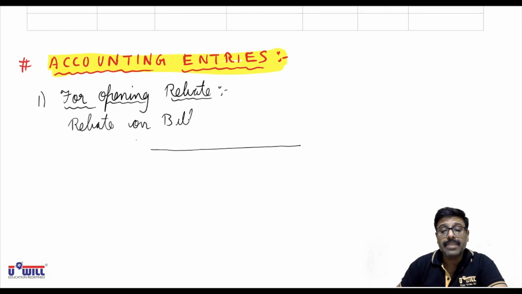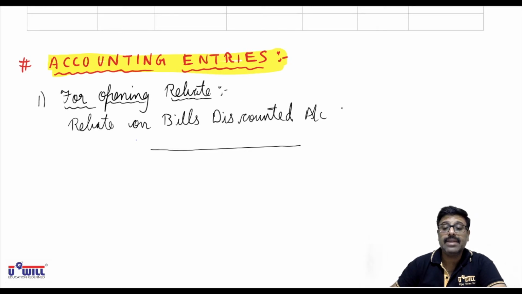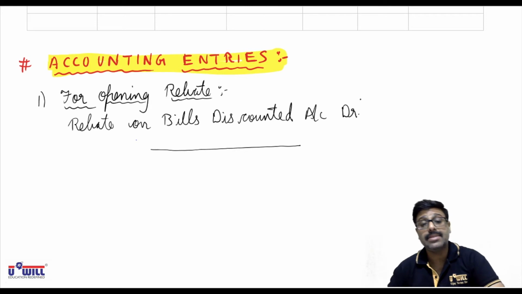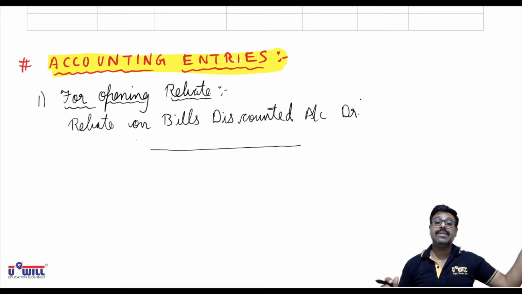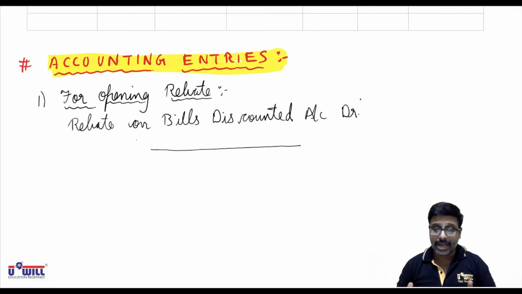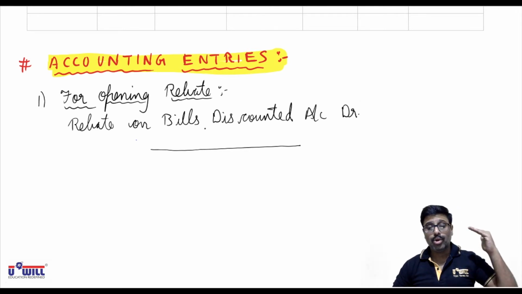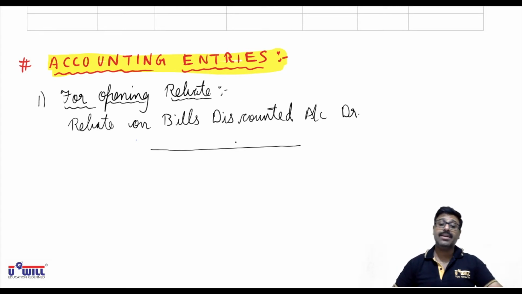I repeat, opening rebate means last year's pre-received income. Pre-received income has a credit balance. Last year's pre-received income belongs to the current year, and we have to show it as the income of the current year. So to close that pre-received income, which has a credit balance, we reverse and debit that.